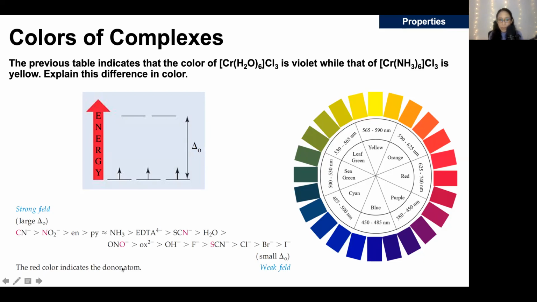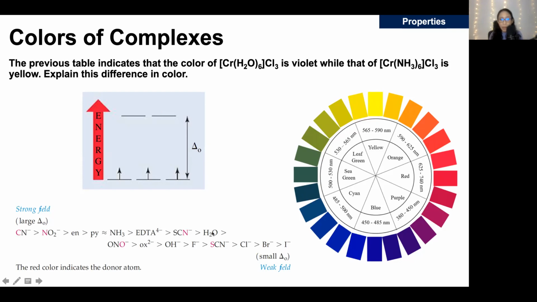And that is aligned with our spectrochemical series. Ammonia, being a strong field ligand, has a higher crystal field splitting than water, which means for this complex containing ammonia as the ligands, it needs to absorb light with a higher energy. So it absorbs light with a smaller wavelength.